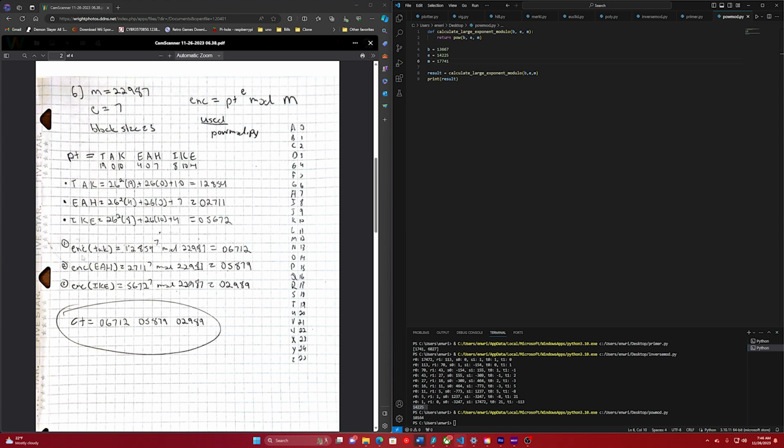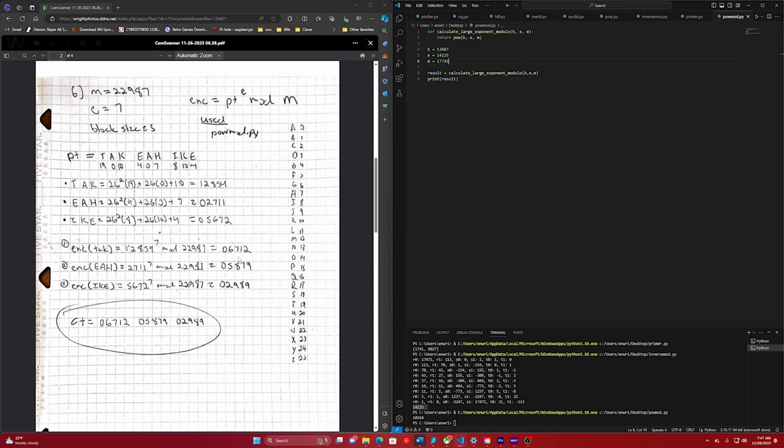Then you have to actually encipher it. So to encipher TAK, you take this number up here to the power of 7, modded by the modulus, this m value. And again, I just use power mod or palmod.py. You plug it in, you get 6712, but it wants 5 digits.